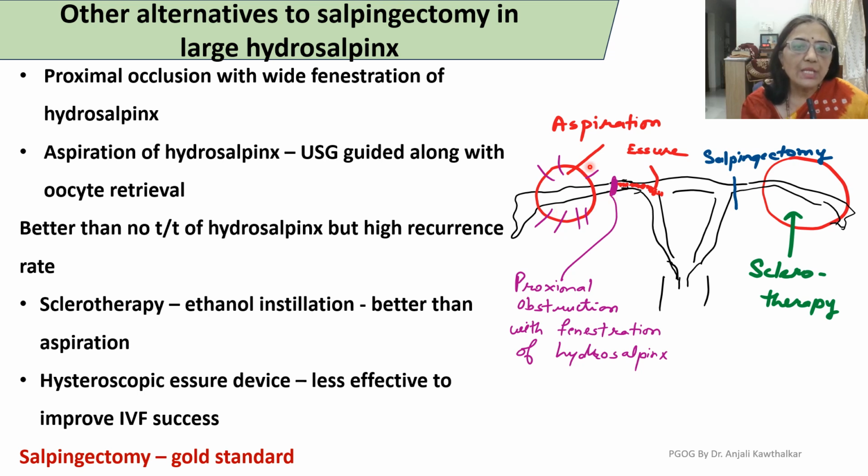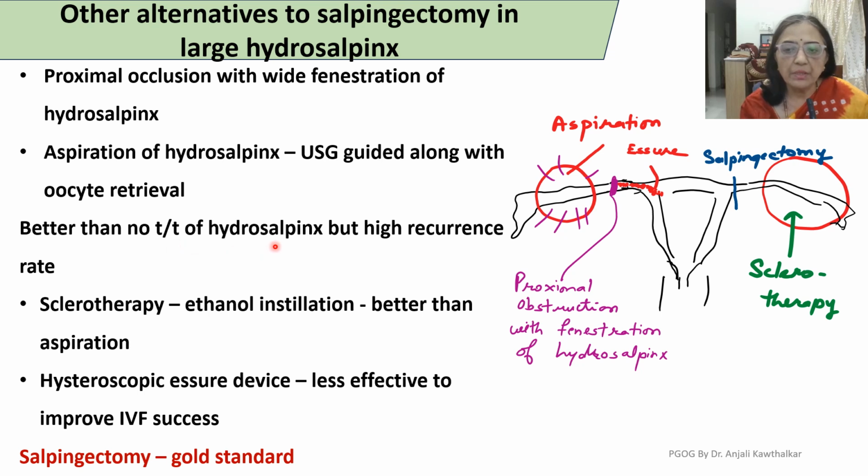Second is aspiration of hydrosalpinx, especially USG guided aspiration, done whenever oocyte retrieval is being done in an IVF cycle. Studies have shown that this improves the IVF success rate, though the efficacy is less compared to salpingectomy. Chances of recurrence are high with aspiration, but it is better than not treating hydrosalpinx at all.